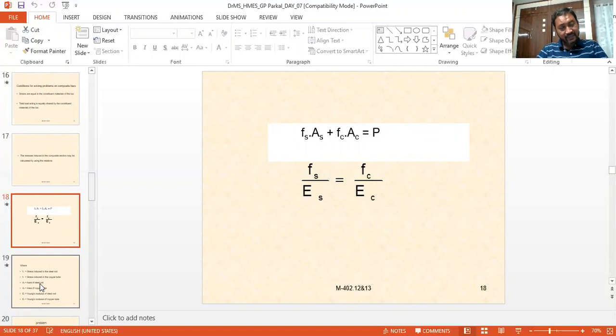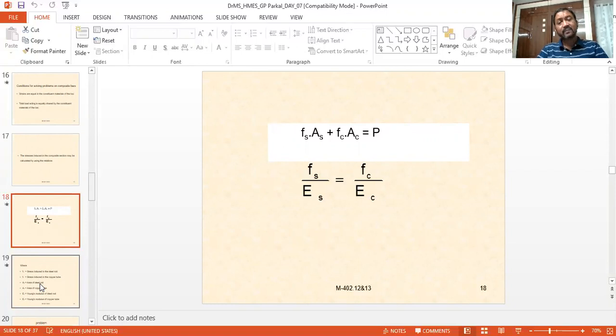Therefore, in the present case, the strain in the steel must be equal to the strain in the copper. Therefore Fs by Es should be equal to Fc by Ec, or Fs by Fc is equal to Es by Ec. This is the first equation we get in this case.